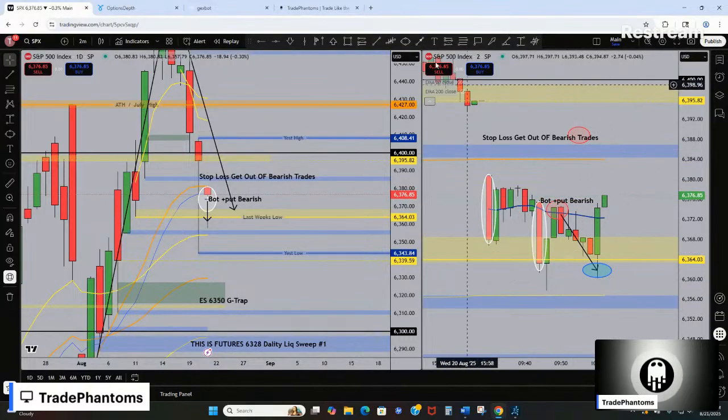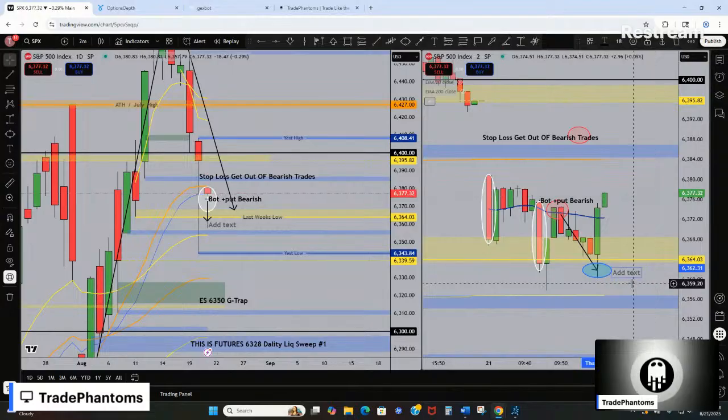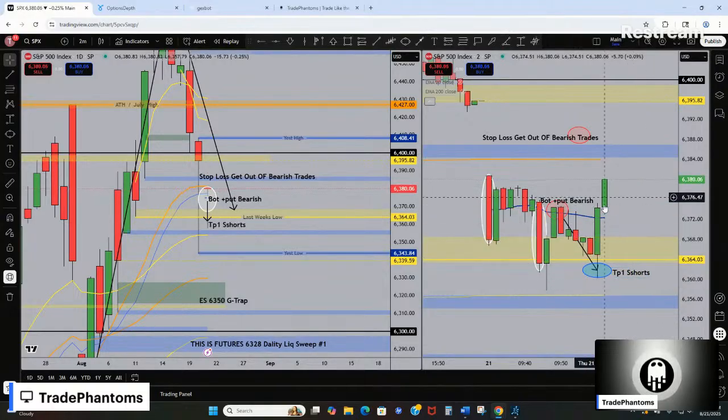So now we TP'd some. Now we got to cut this, looks like. So if you have any left on, TP1 from shorts. I see you, Joey G. All right. And now we got to cut. It's a complete flip off that weekly.